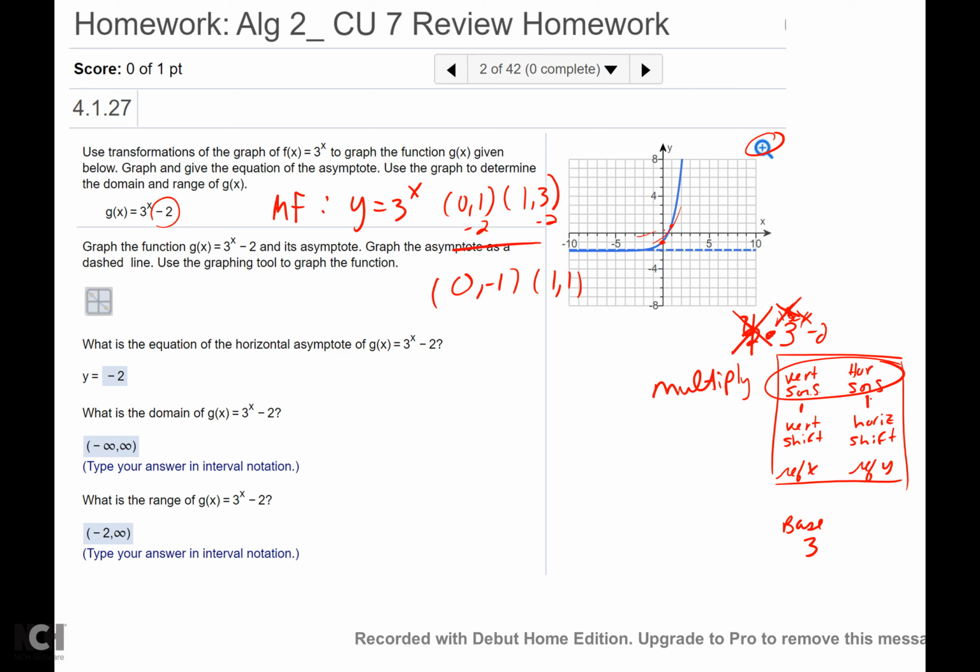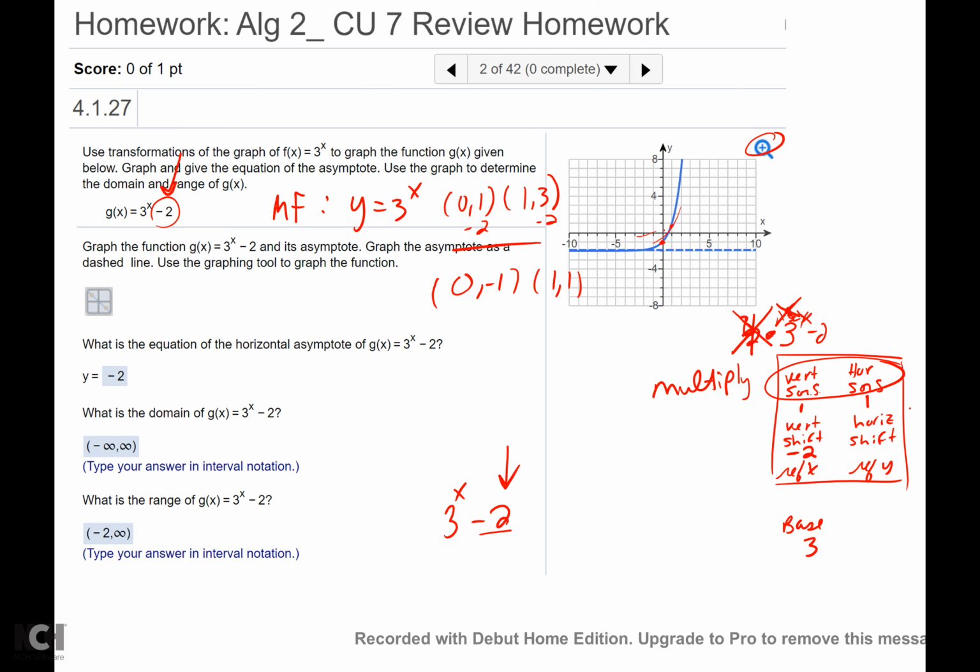That stays 1. Your vertical shifts are when you're adding or subtracting on the outside, on the ground, like plus 5 or minus 7. Okay, they are subtracting 2: 3 to the x, minus 2 on the ground. So that's going to be a vertical shift of negative 2 because it's going to move it 2 down.